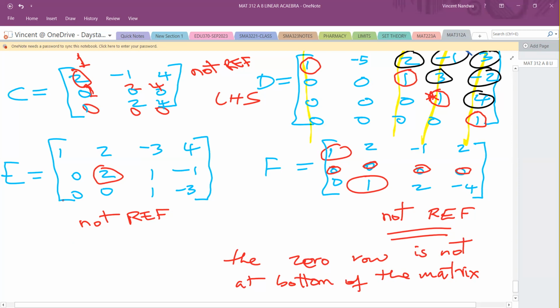In E, if you multiply the second row by a half, it will also be now in row echelon form. And so next session, we'll be discussing how to convert matrices which are not in row echelon form into row echelon form and further into reduced row echelon form.